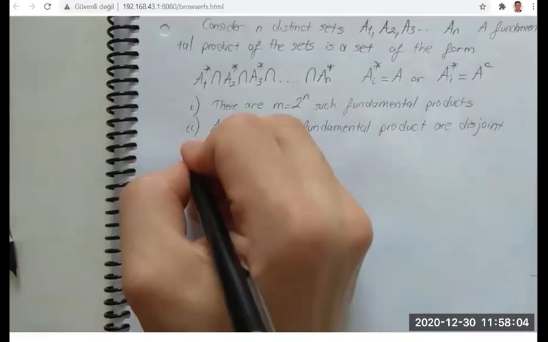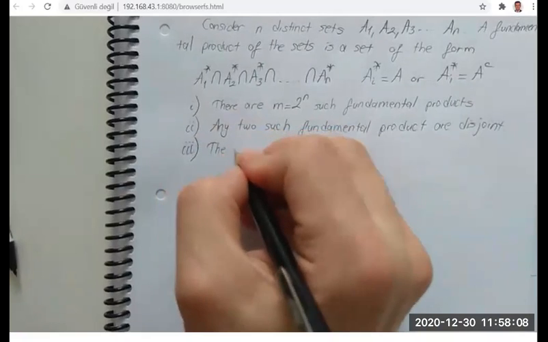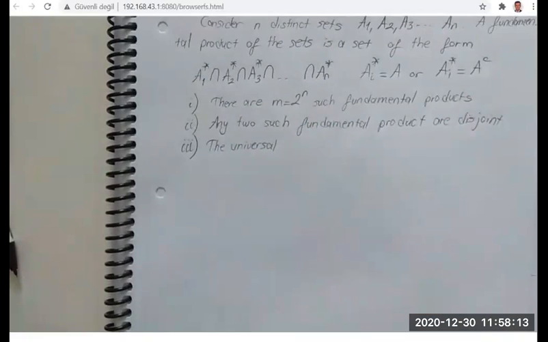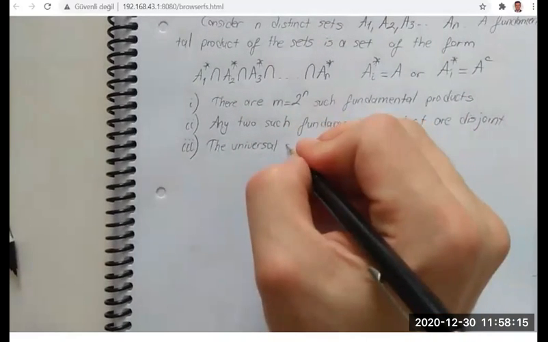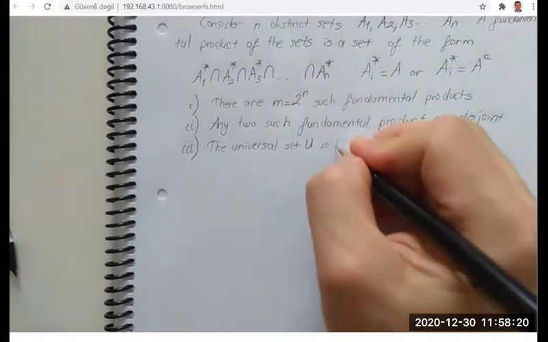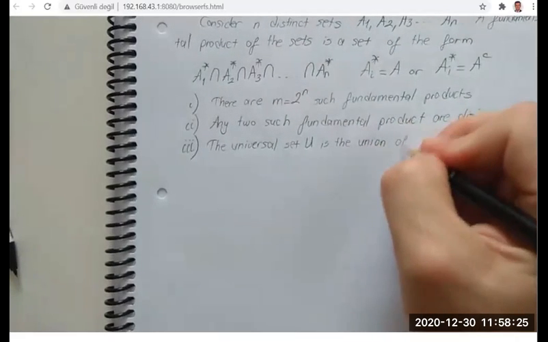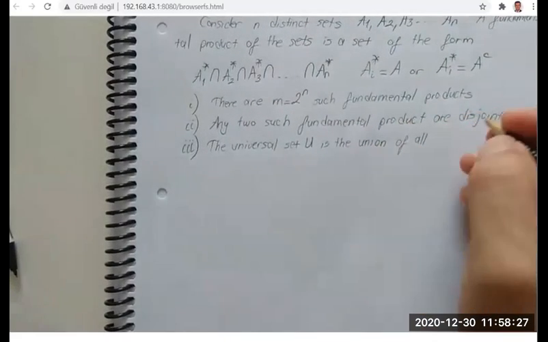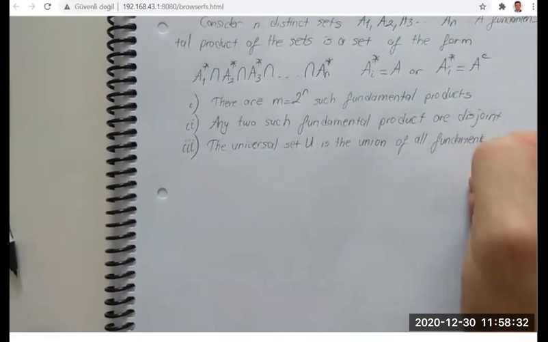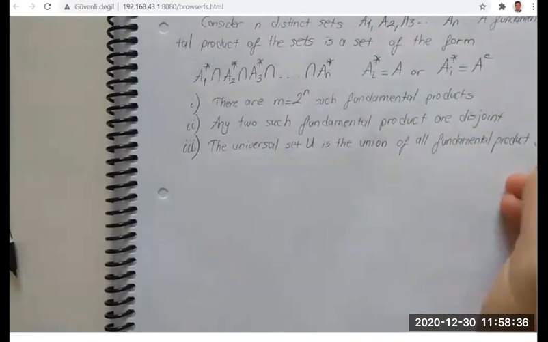And third, the universal set U is the union of all fundamental products.